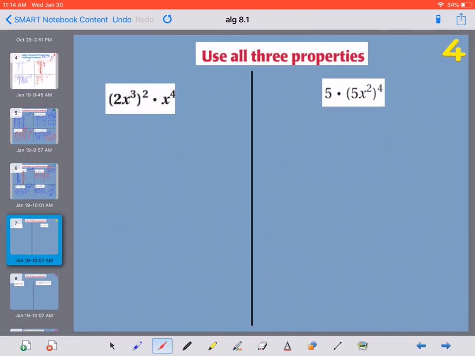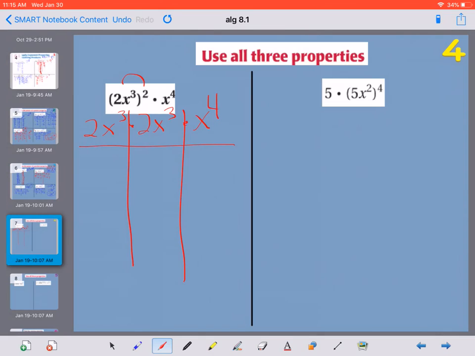Alright, now it gets to be a lot of numbers and letters and exponents, so it's going to be best if we write this all out. We are going to see how many of these we have. So we have 2x to the third times 2x to the third, and that's being multiplied by x to the fourth.